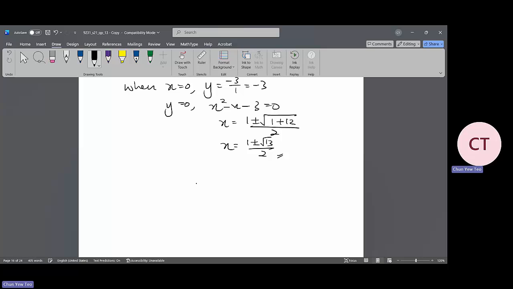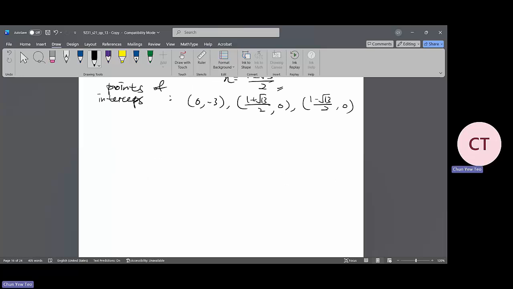So now we can sketch a graph. These are the intercepts. The points of the intercept are (0, -3), ((1 plus 13)/2, 0), and ((1 minus 13)/2, 0).